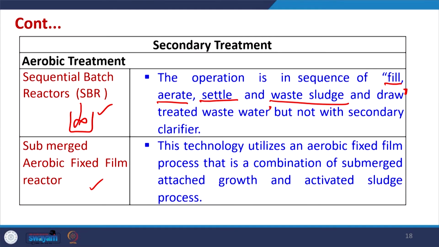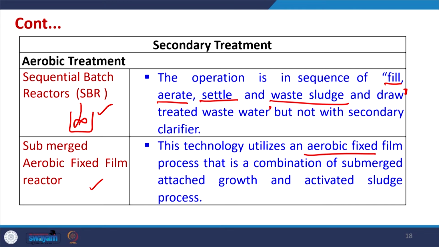That is why it is called a sequential batch reactor. This is also aerobic mixed treatment because we provide air and mixing is also done. Similarly, the submerged aerobic fixed film reactor technology utilizes an aerobic fixed film process, that is a combination of submerged attached growth and the activated sludge process.